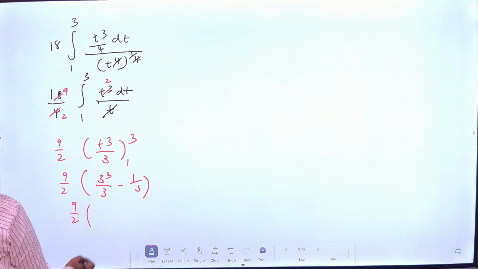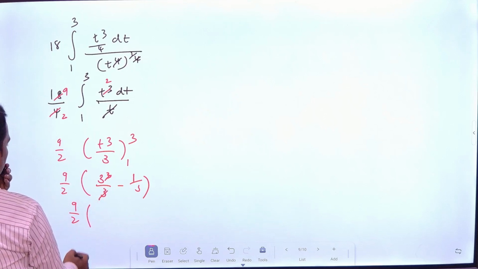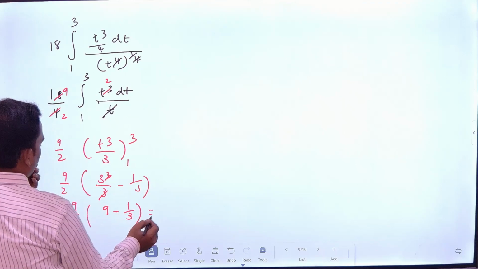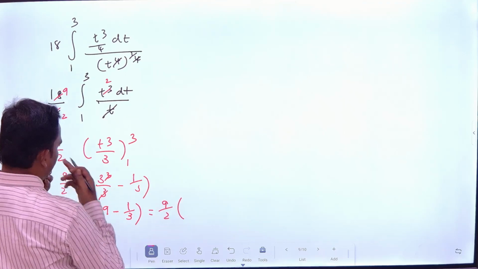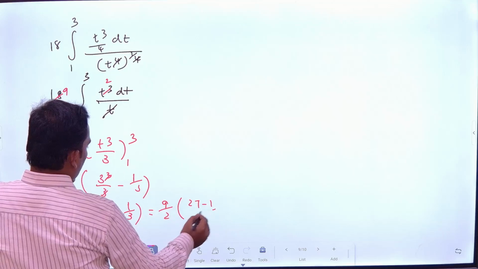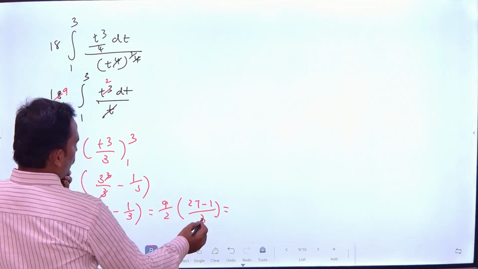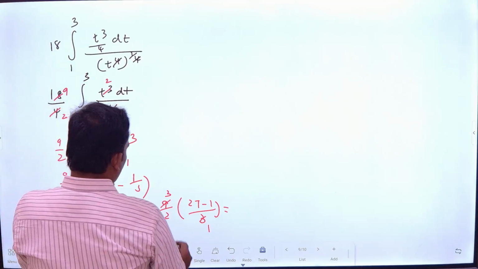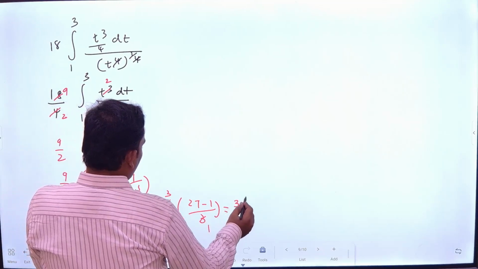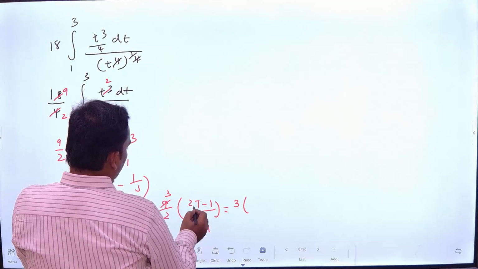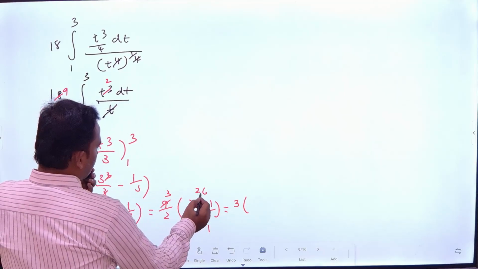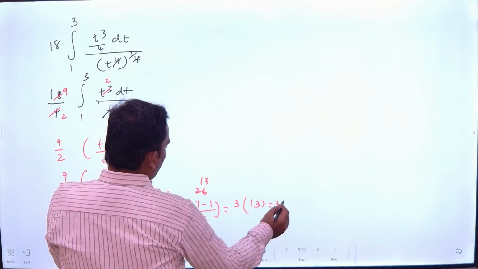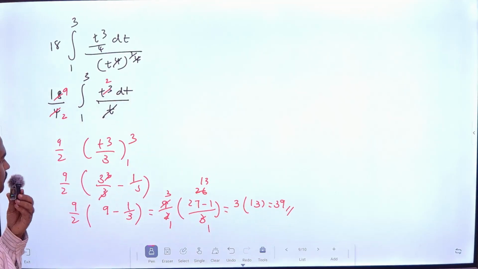So 9 by 2 times (9 minus 1 by 3). Then 9 by 2 times (27 minus 1) by 3. Here 9 by 3 gives 3, and 27 minus 1 is 26, so 2 and 26 give 13. 3 into 13 is 39, which is your answer. Clear?